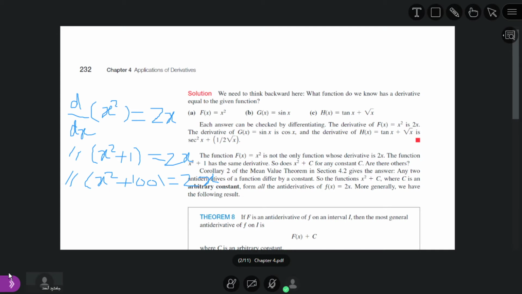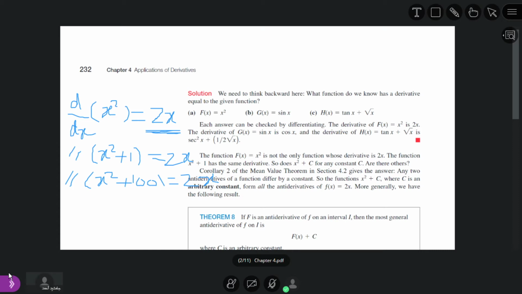To resolve this confusion, we have this definition. It says that whenever we take antiderivatives, we add some constant. This constant can be zero. If I ask what is the antiderivative of 2x, you will put x square plus a constant, and for the first case, the constant is equal to 0.